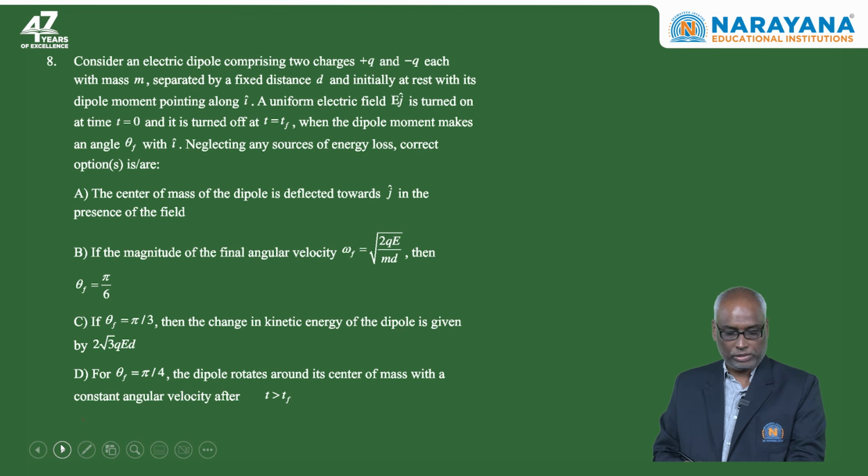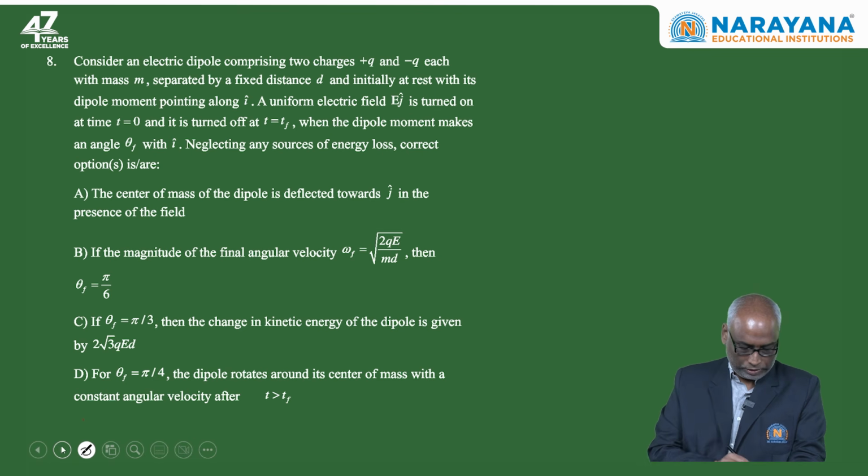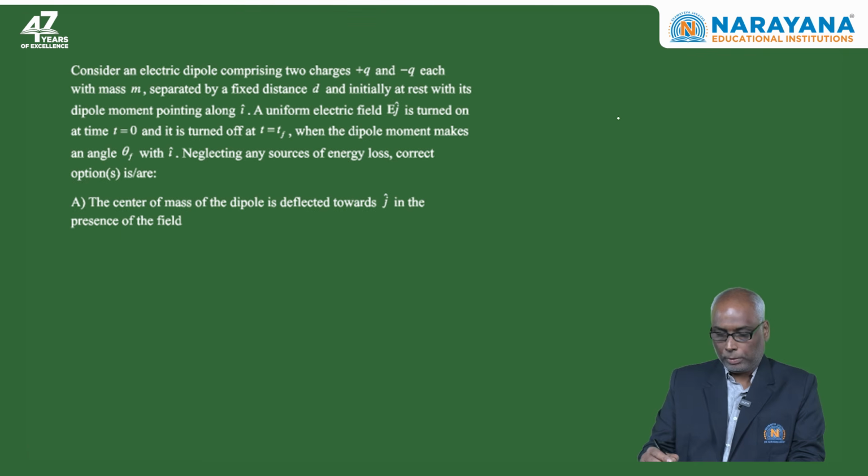The correct option or options is or are. First option says the center of mass of the dipole is deflected towards j cap in the presence of field. So, when we see these options, the dipole is along i cap.